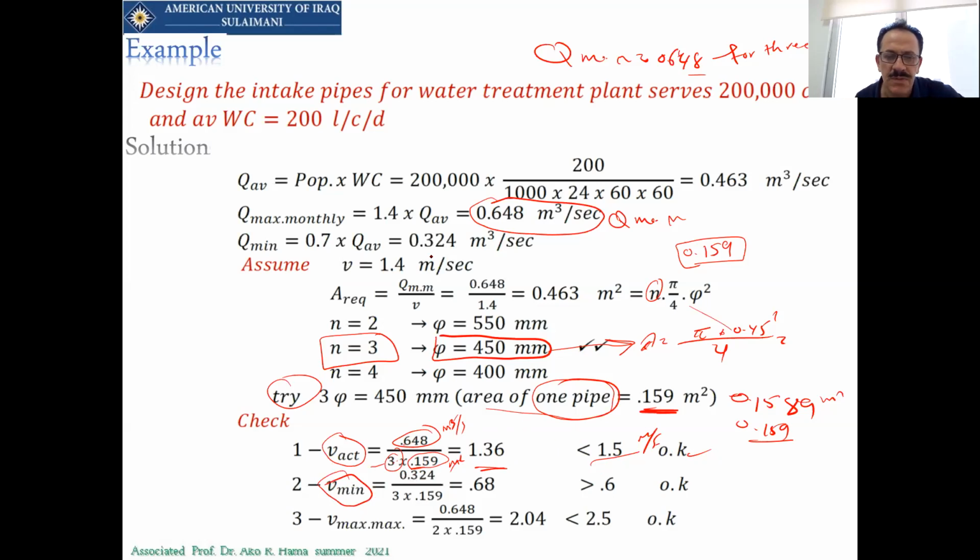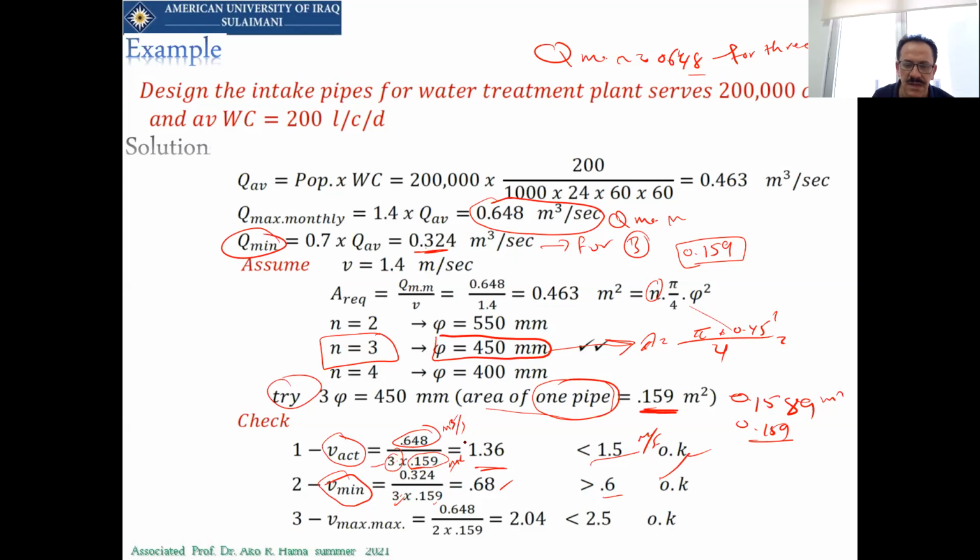The Q minimum is 0.324 meter cube per second for 3 pipes. For one pipe, I divide by 3 and by the area of each pipe, and I get a minimum velocity of 0.68 in each pipe. It's greater than 0.6, so it's okay.